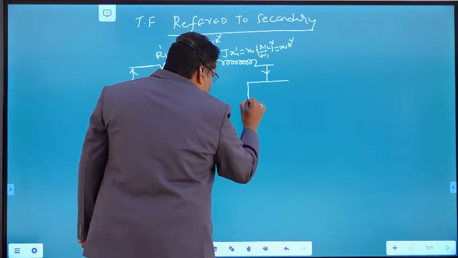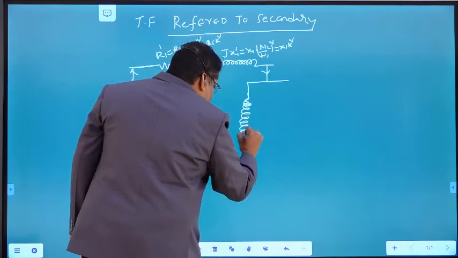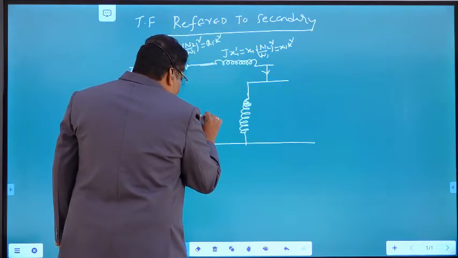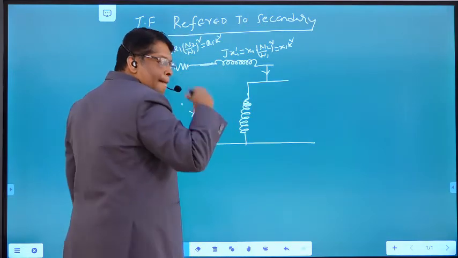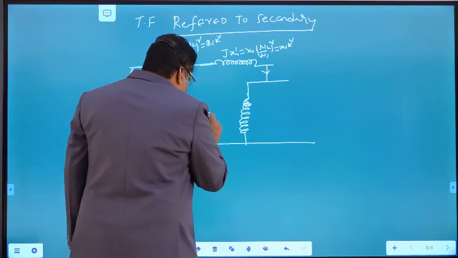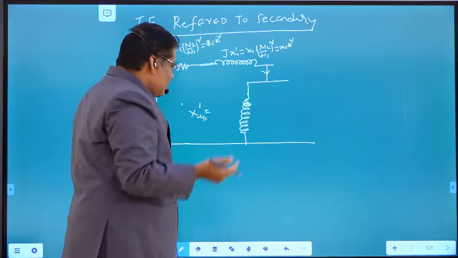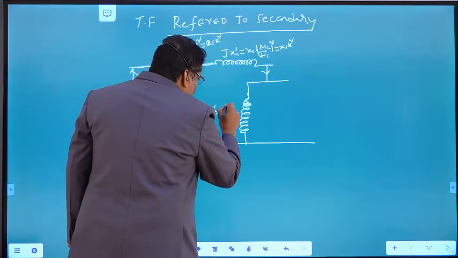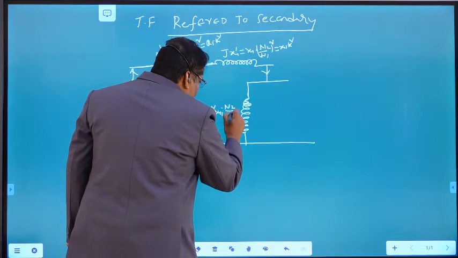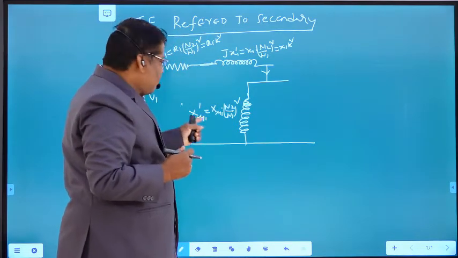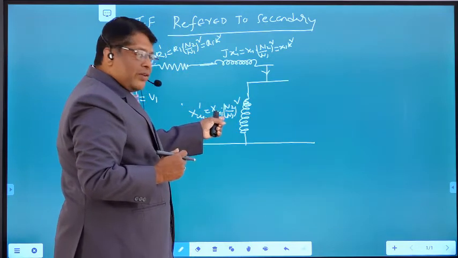This is the magnetizing reactance. Again, this magnetizing reactance Xmu1 dash, with reference to the secondary, is equal to Xmu1 into (N2 by N1) square, because the reactance is directly proportional to the square of the number of turns.